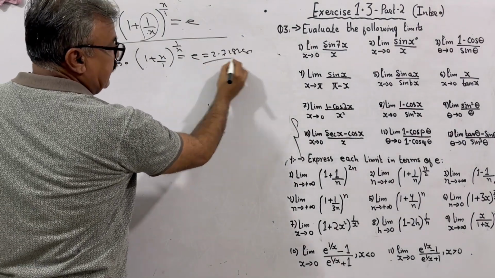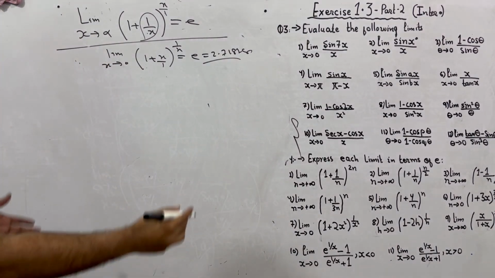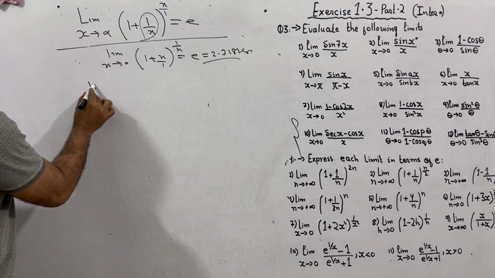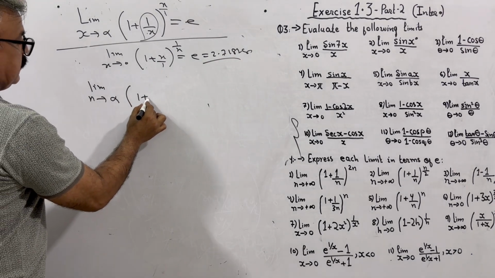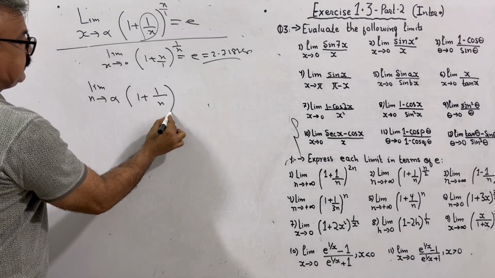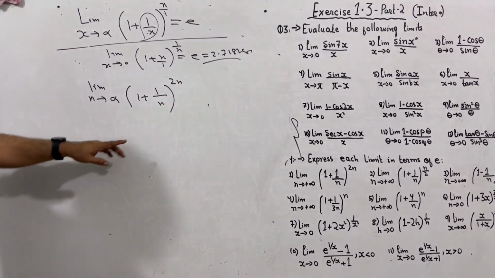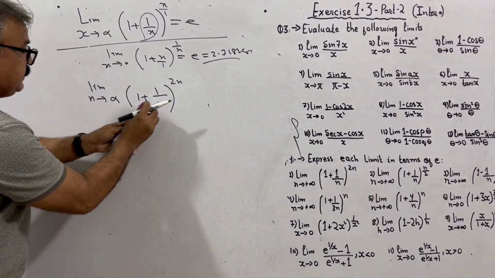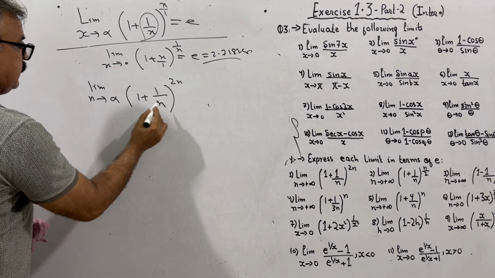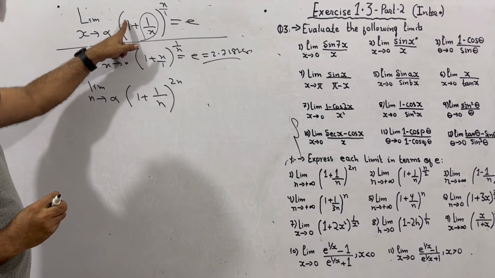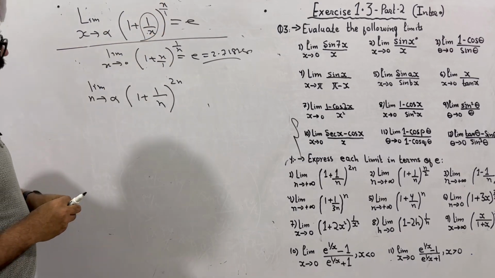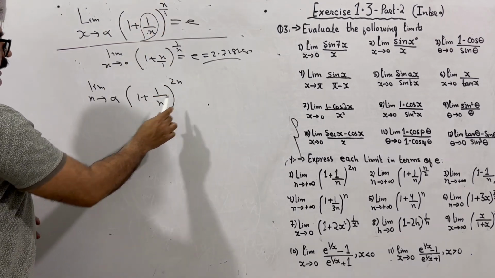Let's create question number 1, that is limit n tends to infinity, 1 plus 1 upon n raised to 2n. Look at the formula. 1 plus 1 upon x, there must be x over 1. There is 1 over n, we need n over 1.